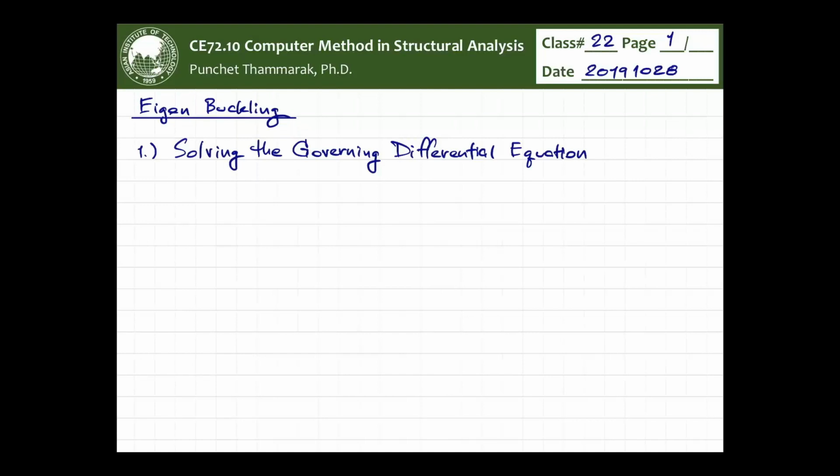So we pose the boundary conditions, put everything in, and then we come up with the Eigen buckling load.